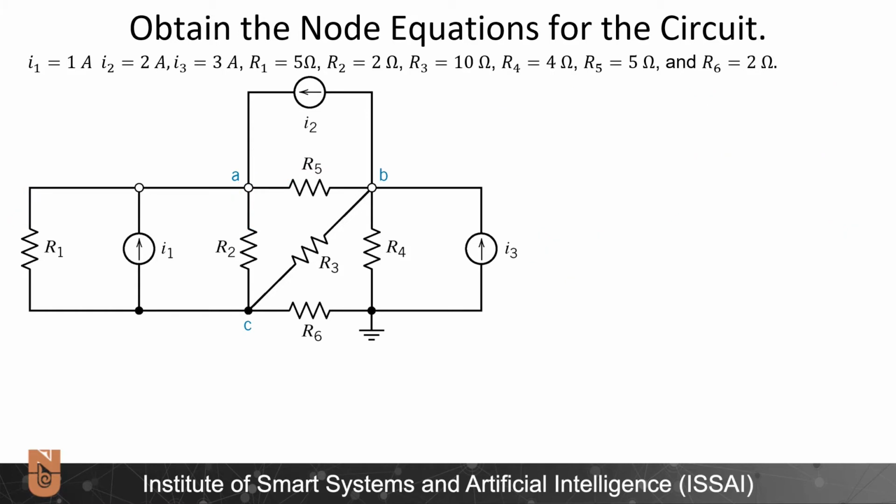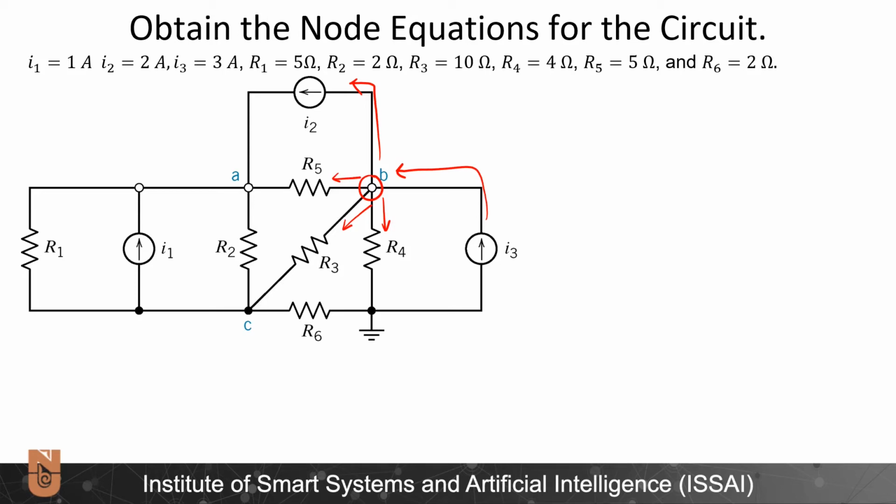Now let us write the KCL for node B. I2 is getting out, I3 is entering. This current is going out by convention. Again, this one is going out, this one is going out.